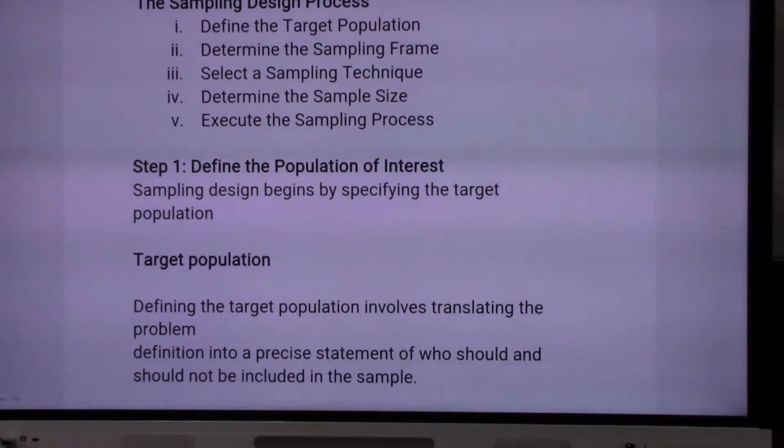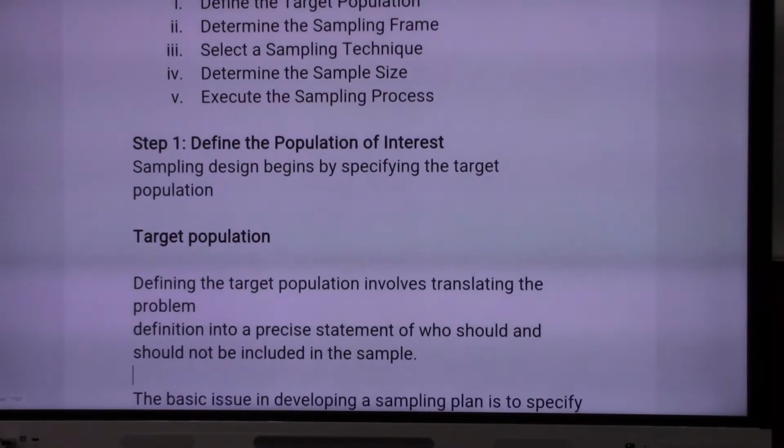Defining the target population involves translating the problem definition into a precise statement of who should and should not be included in the sample, so we determine the target population according to the objective of our research.